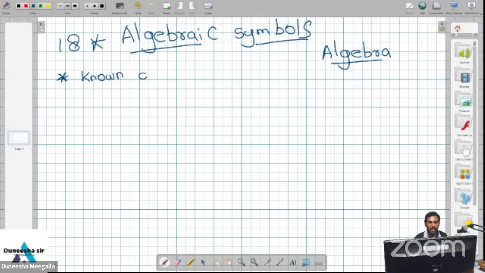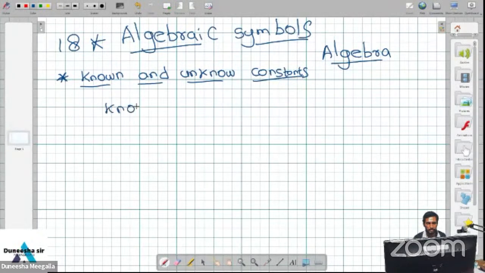Known and unknown constants. Okay. Known and unknown constants. Now I am making a table.